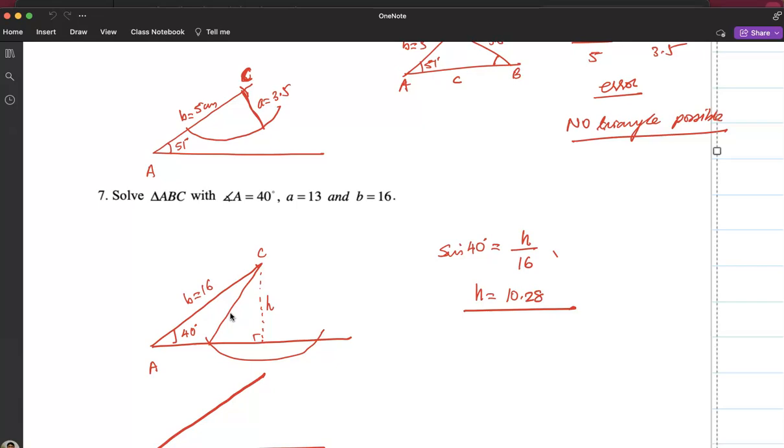When it cuts here, it can be this or it can be this. So this is B 16, this is 40, and this is 60. A is 13, and this is also A is 13.